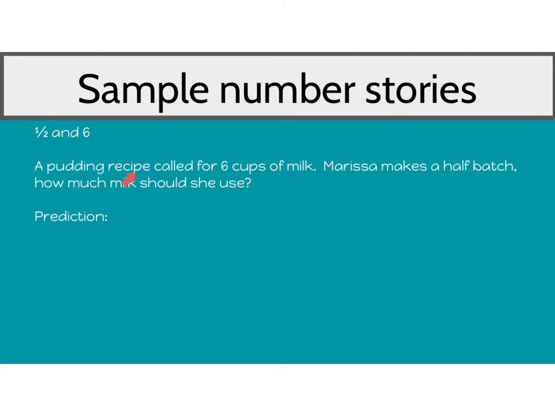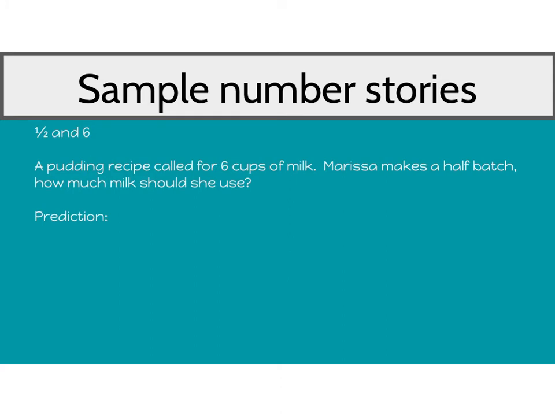A pudding recipe called for 6 cups of milk. Marissa makes a half batch. How much milk should she use? So the first thing that we want to do is make a prediction for what we think the answer is going to be close to. So it calls for 6 cups.